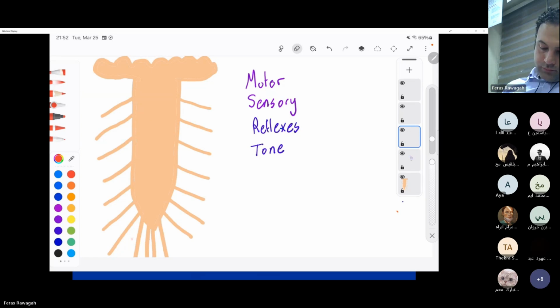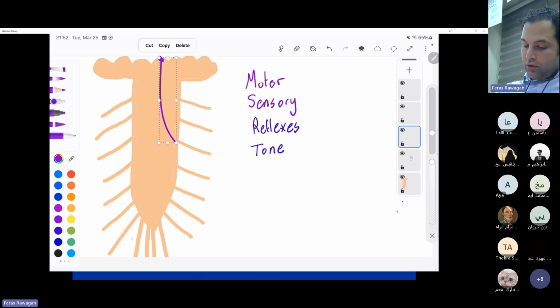Upper motor neuron starts in the pyramidal cells, starts in the cortex, the motor cortex, and ends in the anterior horn cell.